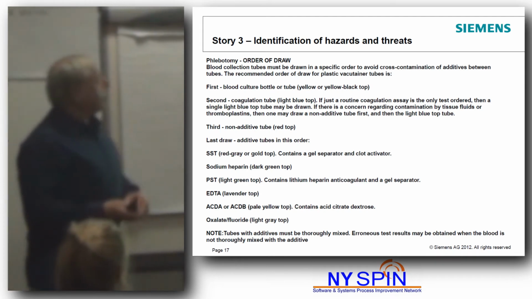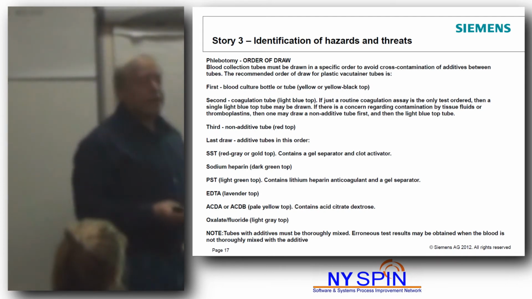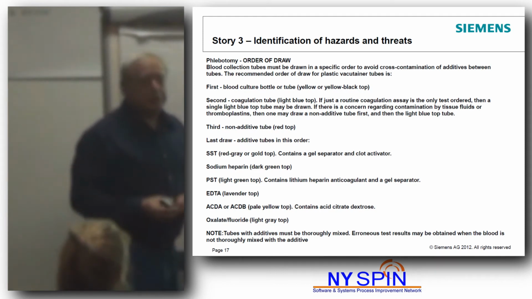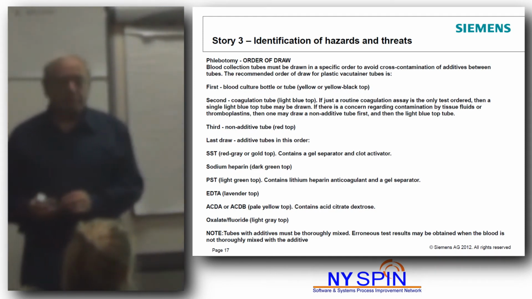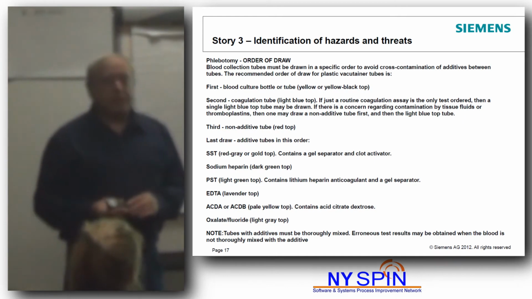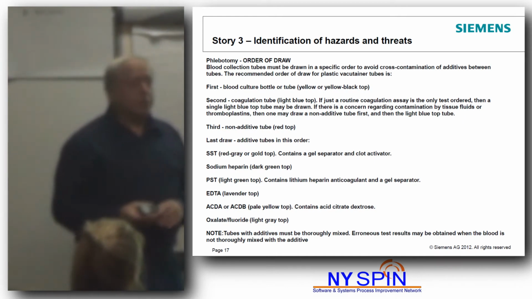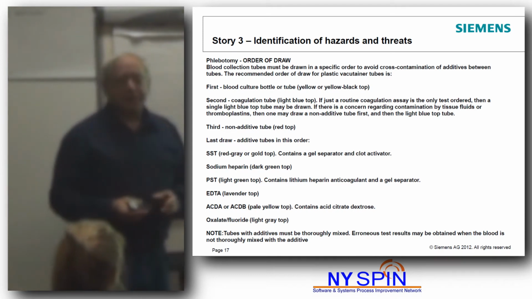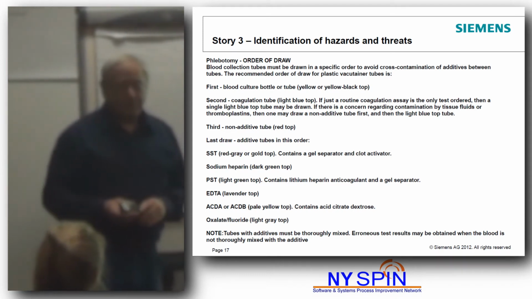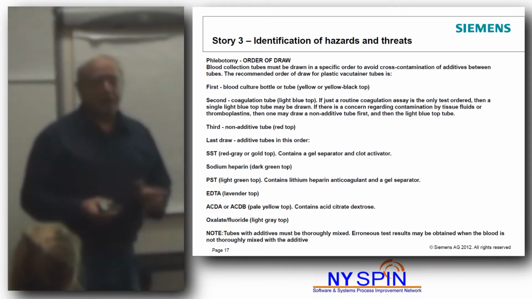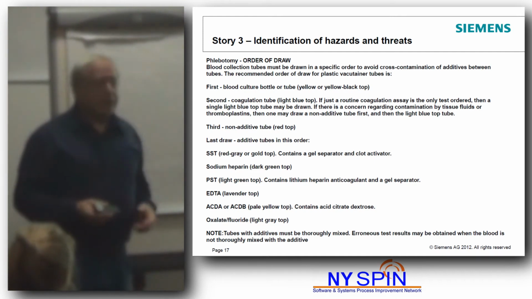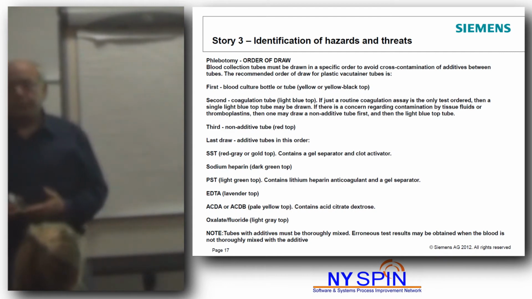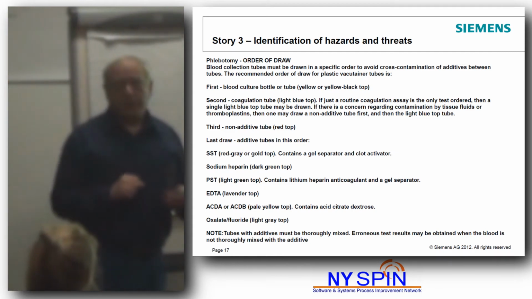Okay. Here's story number 3, identification of hazards and threats. So I went to one company and I said, what do you want to do? And they said, we want you to help us reduce the time to get this thing into the market. And I said, okay, when is your next big milestone coming up? And they said, well, we have to get all our requirements approved within 1 month.